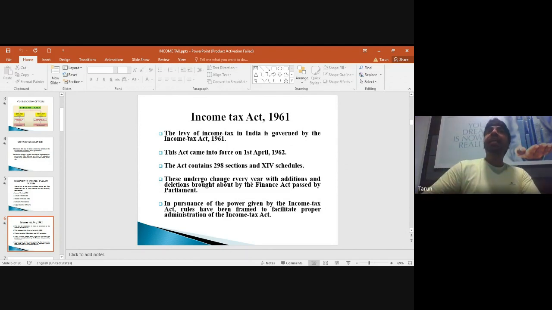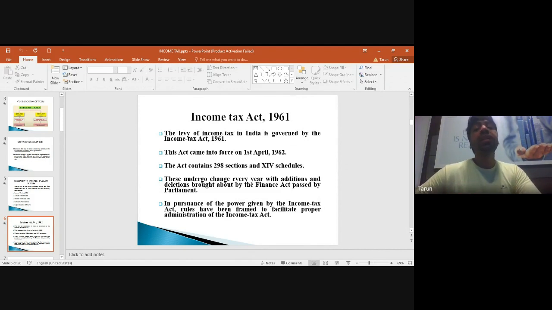So if any act is to be implemented in India, first it has to get approval under the Ministry of Finance, then it is passed by the Parliament of India, and then ultimately it is implemented in India.